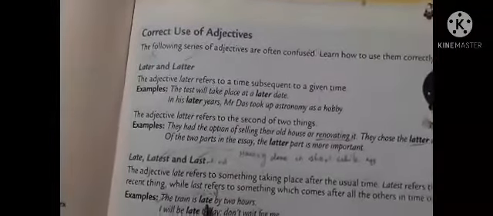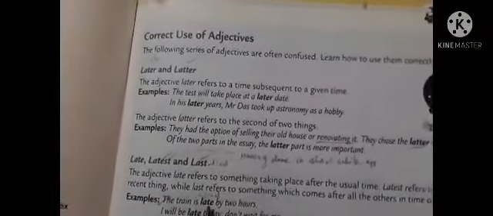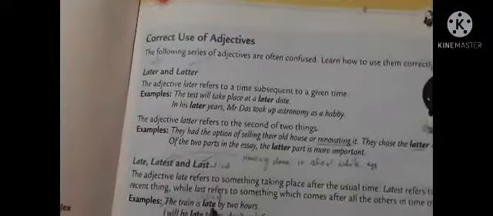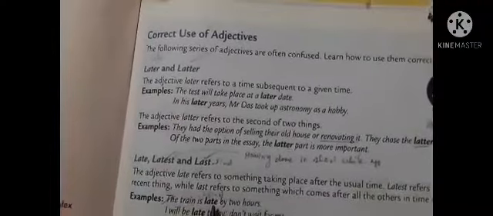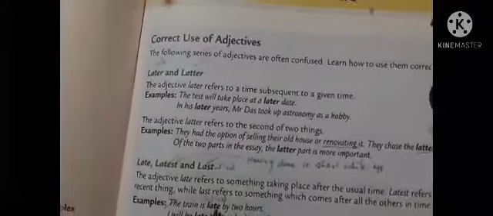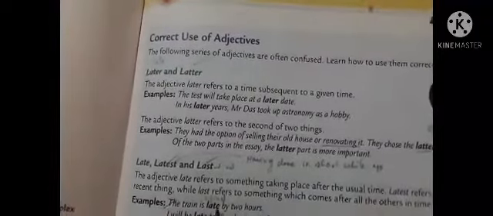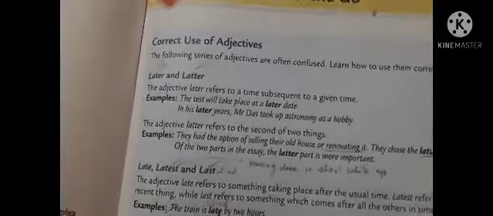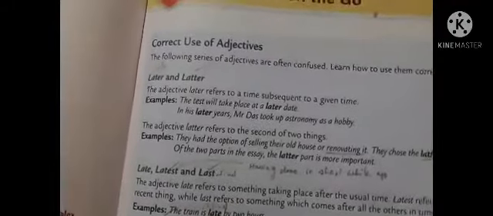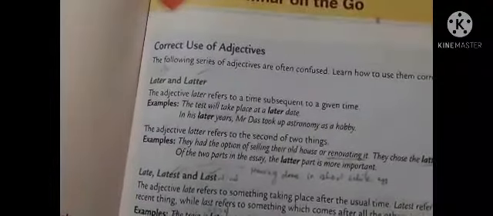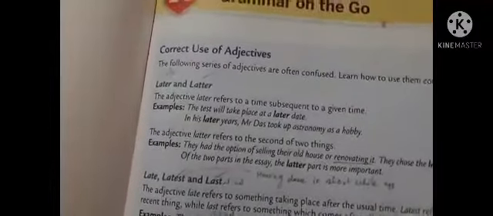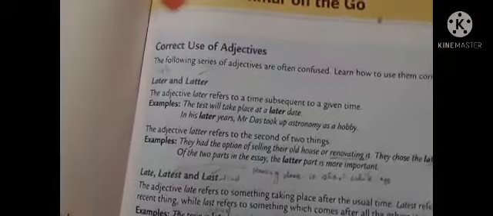So the train comes at 10 a.m. every day, but today it is coming late by 1 hour or maybe half an hour. So it is coming after the usual time. So it refers to something that takes place after the usual time.